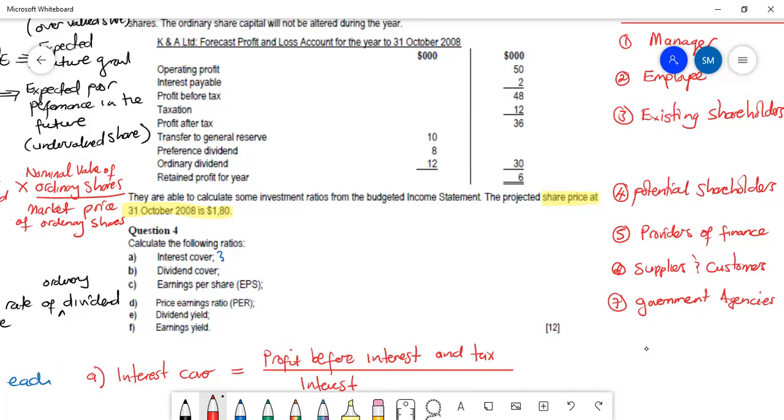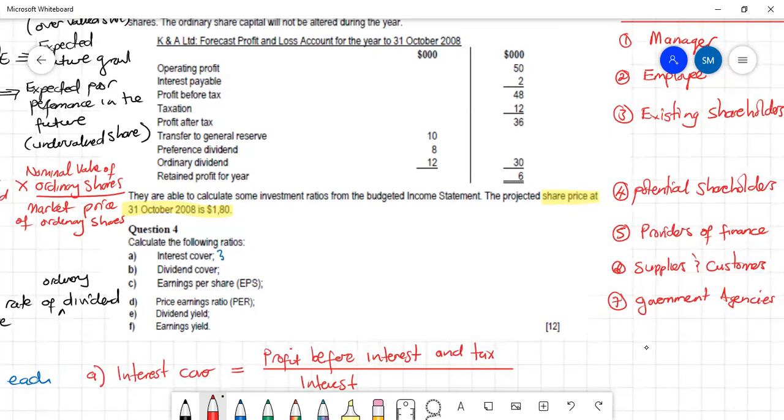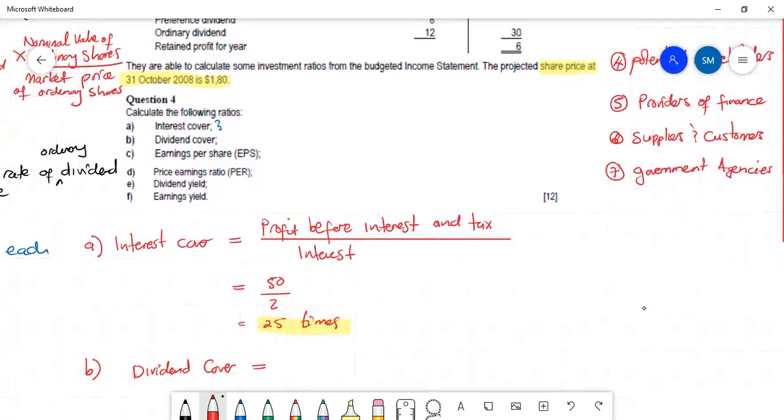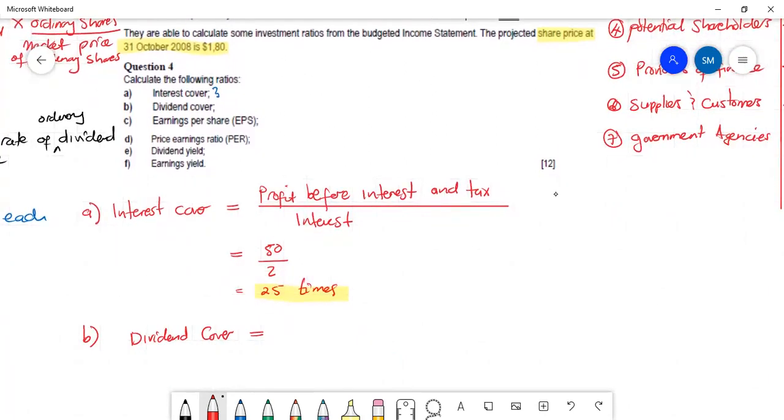Profit available to ordinary shareholders. How do we get that one? I got 28,000.